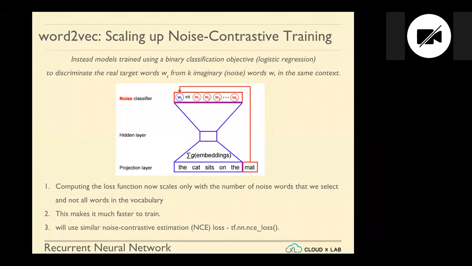The number of words excluding the target. In this model, we have to choose the embedding such that the actual word mat should have the higher probability of fitting it here, as compared to random words.